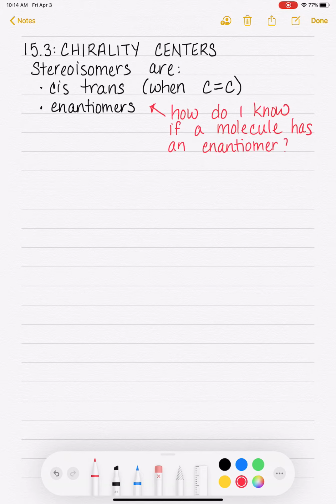And as a reminder, an enantiomer means a mirror image that is different from the original molecule. So in this section, we're going to learn how to identify whether or not a molecule has an enantiomer. And the thing that we're going to look for when we're trying to identify enantiomers is something called a chirality center.